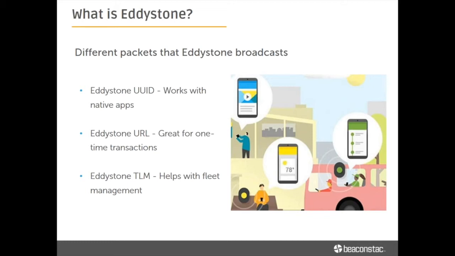Eddystone URL, which is what really differentiates this from the iBeacon protocol, is based on the idea that an app that interacts with a beacon can go directly to the URL without the app having to convert it into a destination web address. This is one of the key selling points for Eddystone, if you may say. Next comes Eddystone telemetry, which simply beams the battery levels and other diagnostic data.